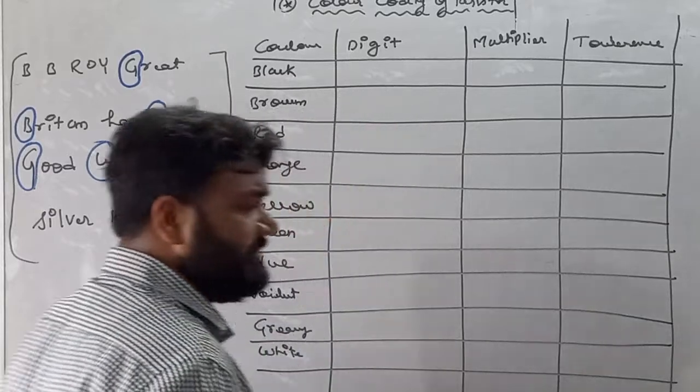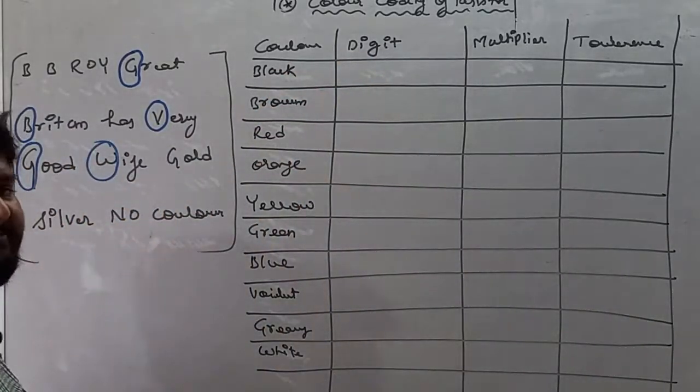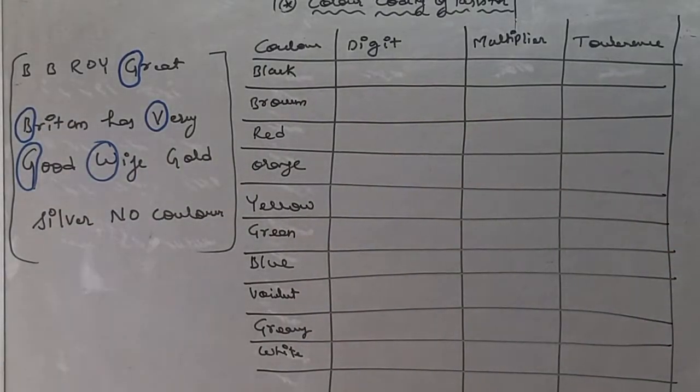Here space is not there. After completing this, I'll write gold, silver, and after that we'll write no color. So try to copy this, my dear students. This is how we'll give the color code of resistor. The shortcut is B B Roy, Great Britain has very good wife, gold, silver and no color.